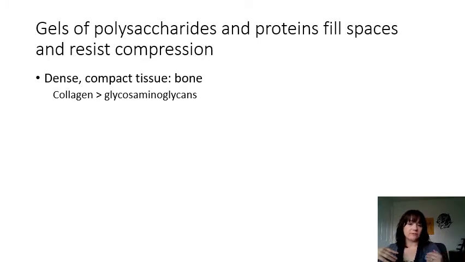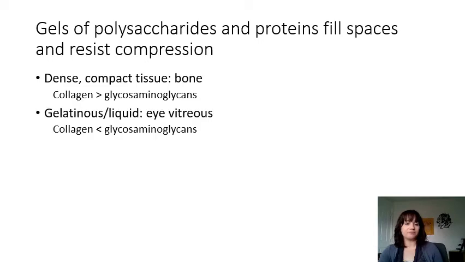For example, bone is going to be dense, it's going to be tough. This is going to have a lot of collagen and not as much of those polysaccharides. The far opposite example, the vitreous of the eye, that is a connective tissue. It's very gelatinous, almost liquidy. There's not going to be a lot of collagen in that tissue, but a lot of those polysaccharides and the structures of proteoglycans.